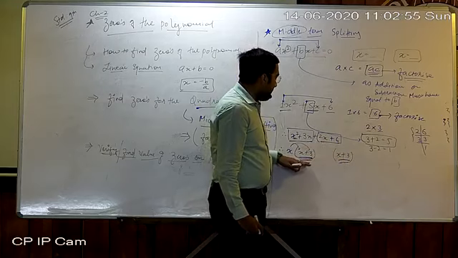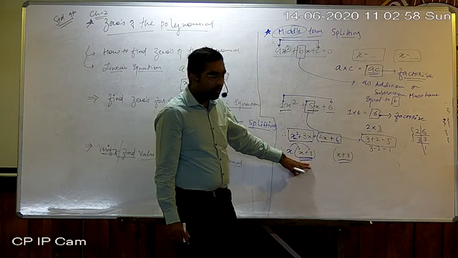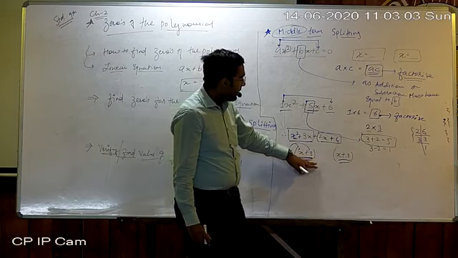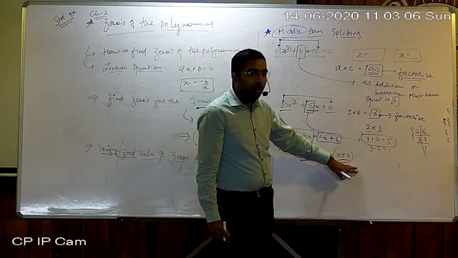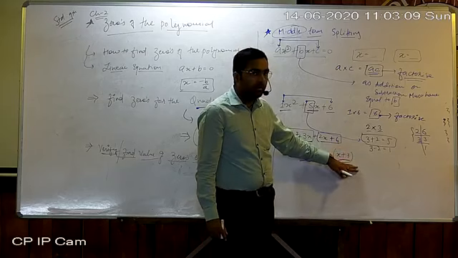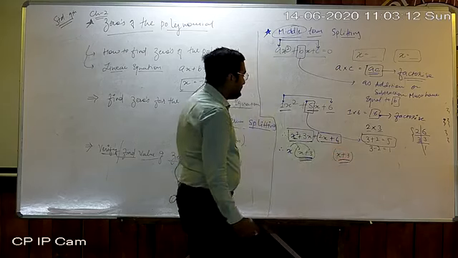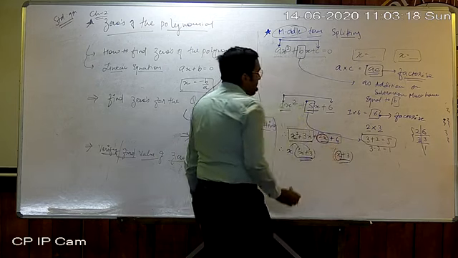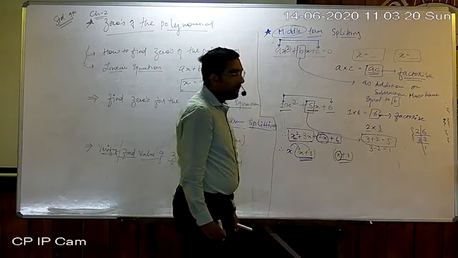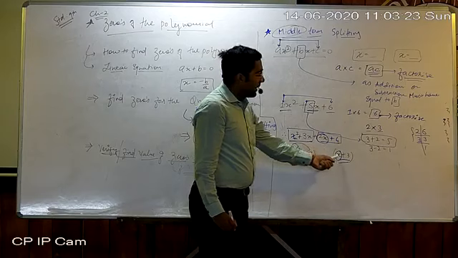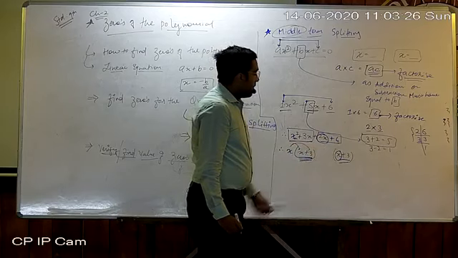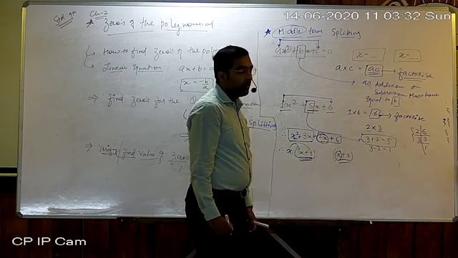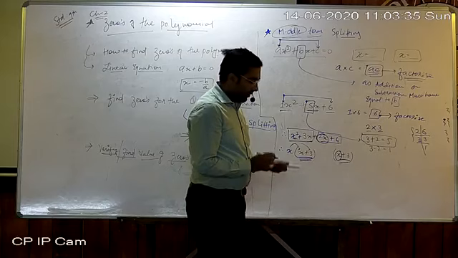That's why, if my common bracket is x plus 3, I should write that bracket in the second part as x plus 3. Okay, now what can I check? I'll check the third term. In 2x and x, which number should be multiplied with x in the bracket to get 2x?